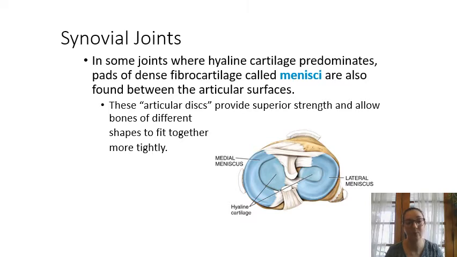There's a lot of weight pushing down on your knees with every step that you take. The menisci are in between those two bones, where your femur comes down and hits your tibia. We need to cushion that so that those two bones aren't hitting against each other in a painful way. So you've got a lateral meniscus, which is on the lateral side of the joint, and a medial one that's on the medial side of the joint.